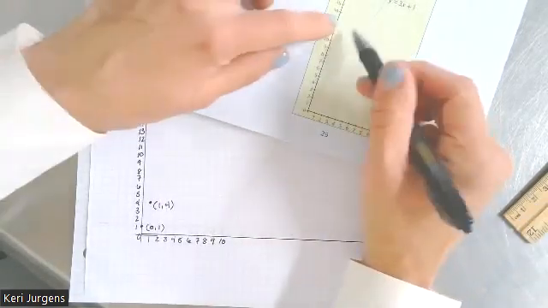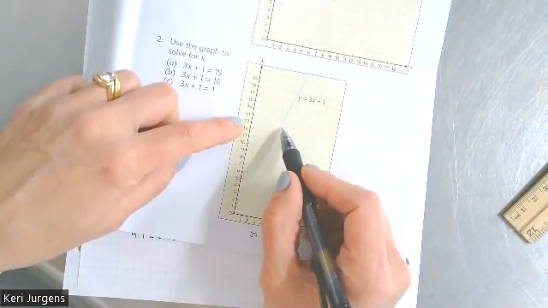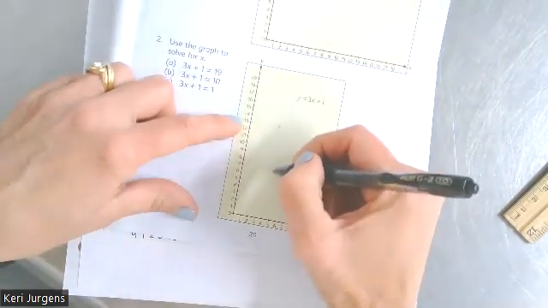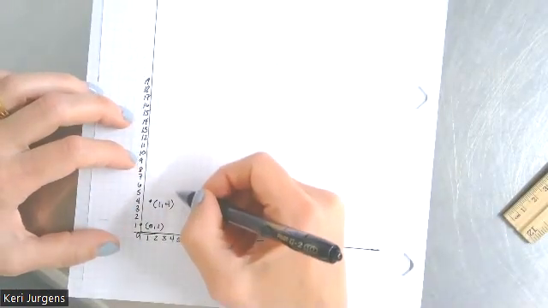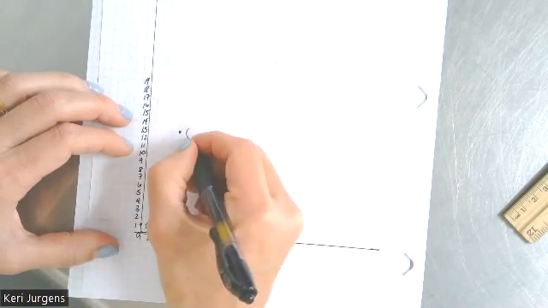And then I want to pick one more point. I'm going to jump up here to where y equals 13. I can see that x equals 4. So I'll put a dot there, 4, 13.